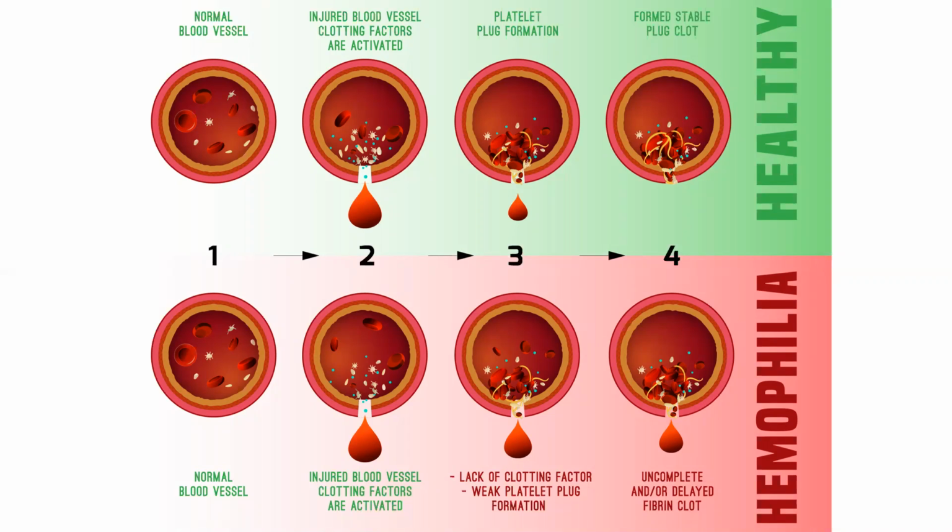In an individual with hemophilia, the clotting factors are insufficient to form a complete plug at the site of a cut, which results in prolonged bleeding. Treatment of hemophilia includes injection of a clotting factor or additional plasma. In the next video, we will discuss how blood transfusions work and the technology behind it.